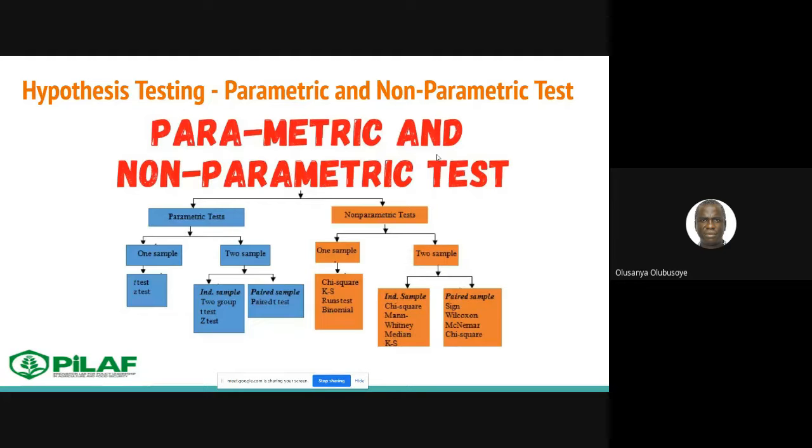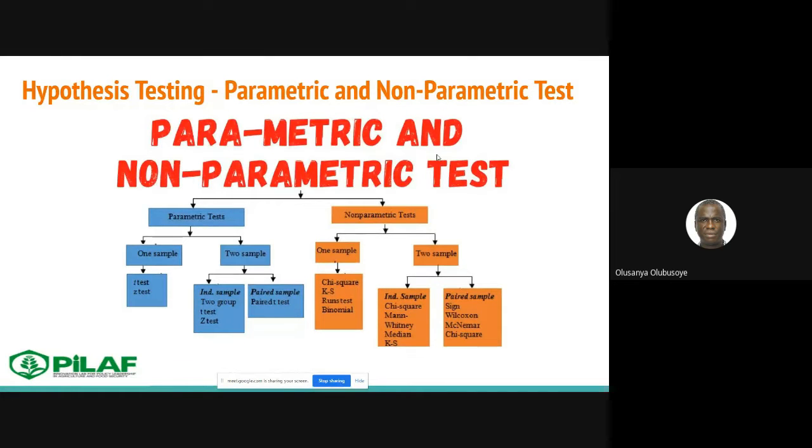When you have more than 2 samples, you might have to use ANOVA. The discussion on ANOVA will come next week. So for now, we are dealing with 1 or 2 samples. If it's 1 sample, then you can use the t-test or the z-test.